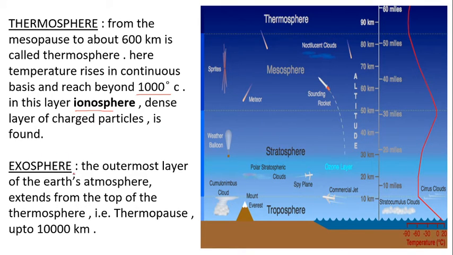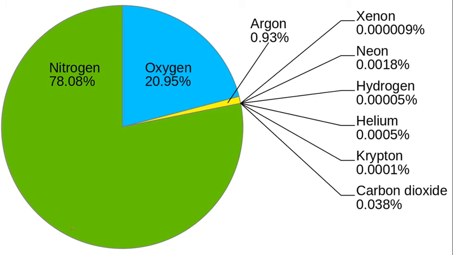Next is the exosphere, the outermost layer of the earth's atmosphere, which extends from the top of the thermosphere up to 10,000 km. These are some of the gaseous mixtures we have found in the earth's atmosphere.